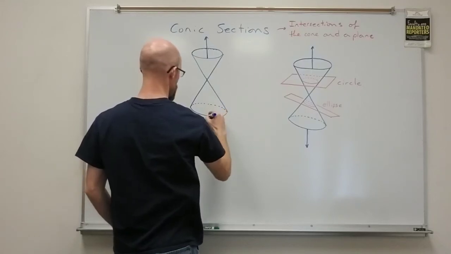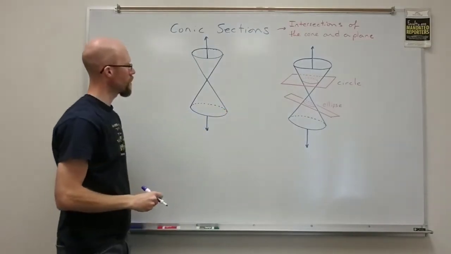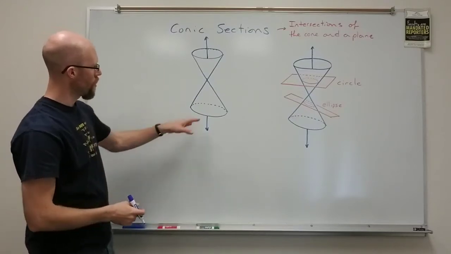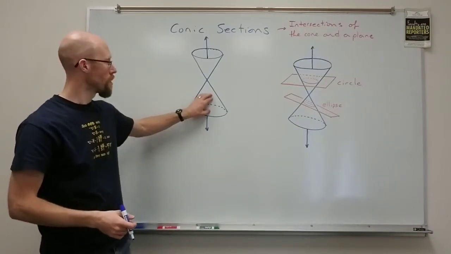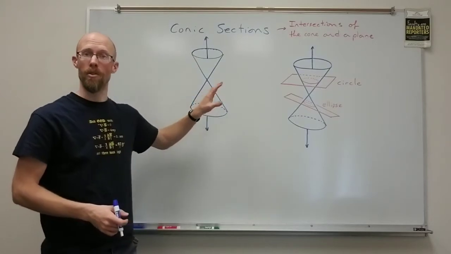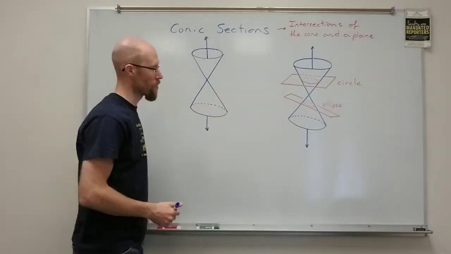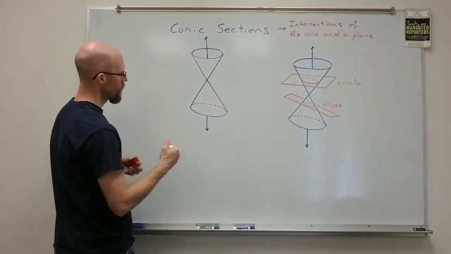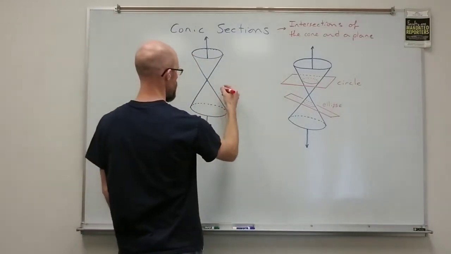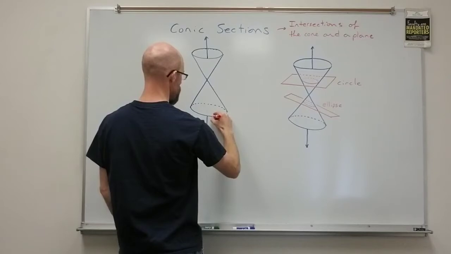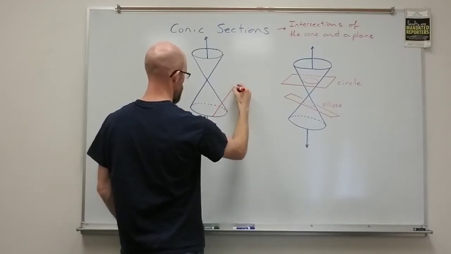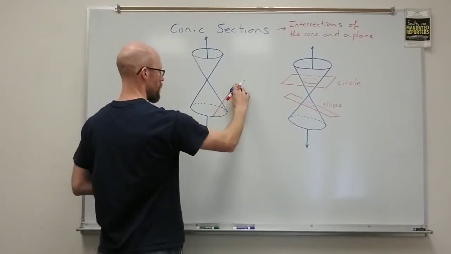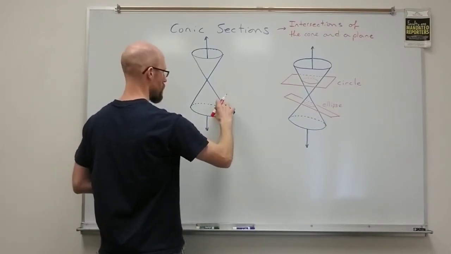If the plane intersects one of the nappes but does not go through the nappe. This is kind of an interesting one. Let's see if I can get a drawing that's decent here. So if the plane intersects a nappe but does not go through the nappe. I might have drawn that one a little bit tilted too much.